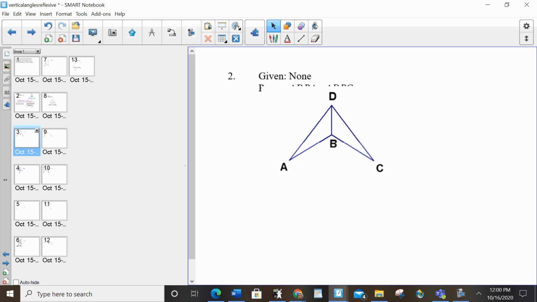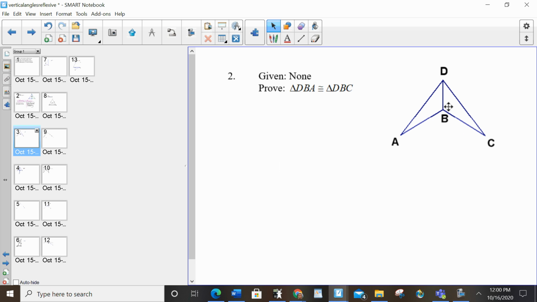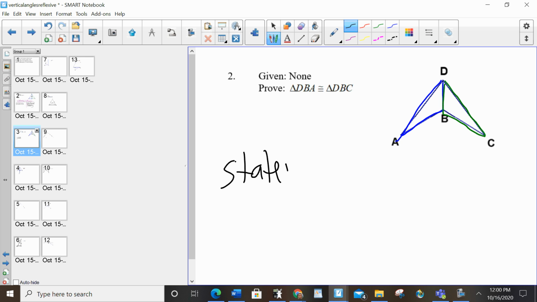Number 2 is very similar. It wants me to prove triangle DBA is congruent to triangle DBC. So I'm looking for a side or an angle that's in both of these triangles.